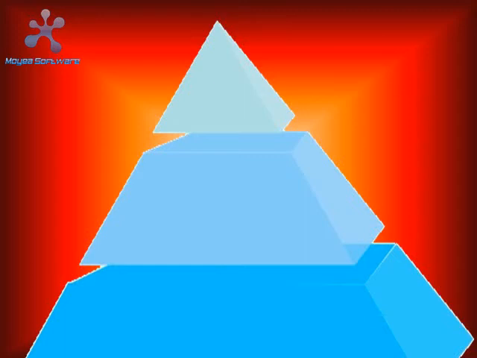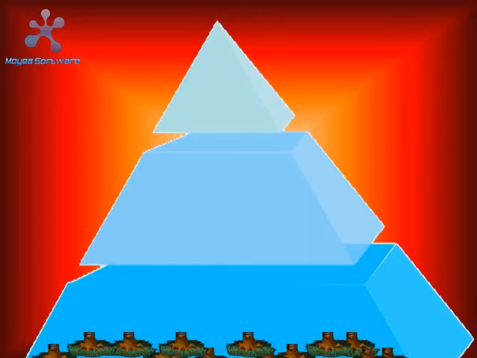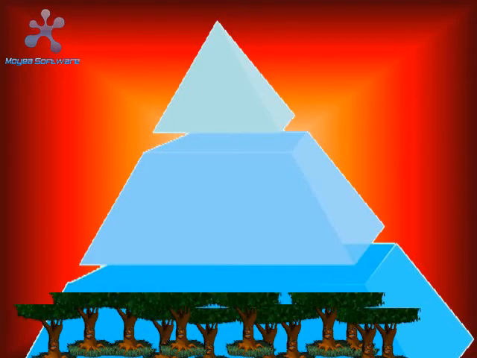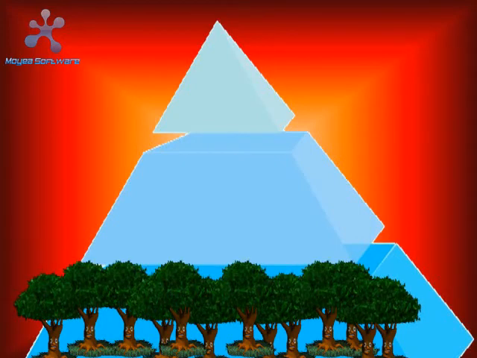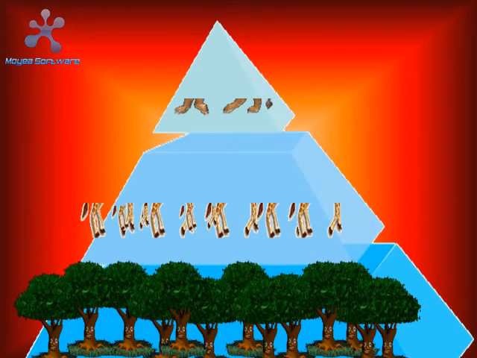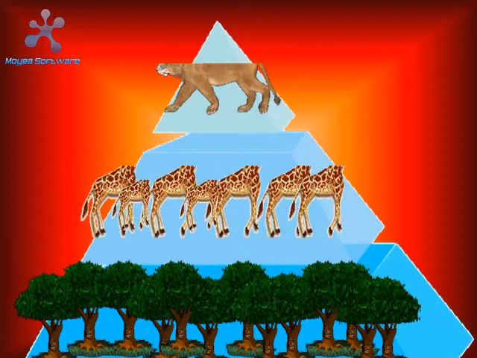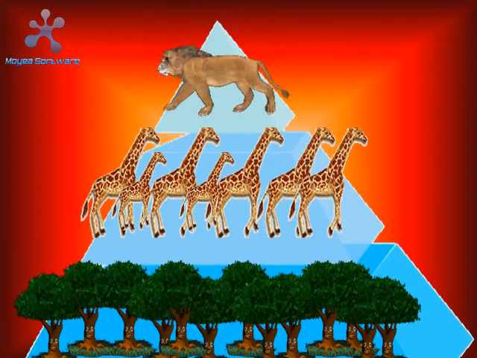It is possible to graphically represent these relationships, which assume the shape of a pyramid. Such graphical representations are called ecological pyramids. In an ecological pyramid, producers occupy the base and the different levels of consumers occupy the successive tiers.